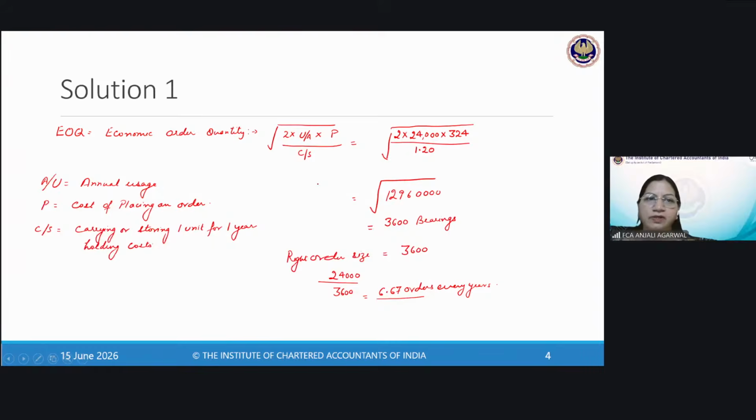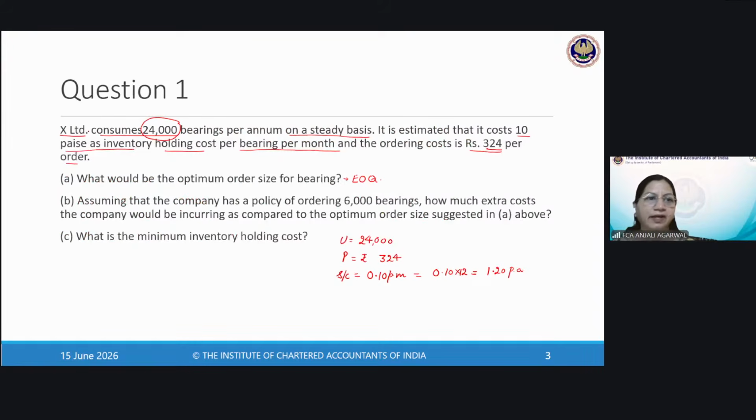Okay, let's look at the question again. X Limited consumes 24,000 bearings per annum on a steady basis. Inventory cost is 10 paisa per bearing per month, and the ordering cost is 324. What would be the optimum order size for bearings? We calculated using the square root of 2 into, you can use A or U, and here you can call it P, and for storage you can call it carrying cost or storage cost.